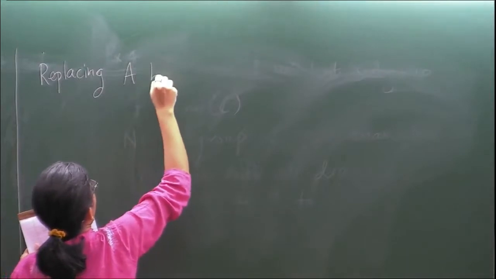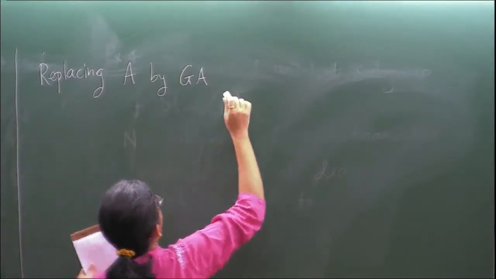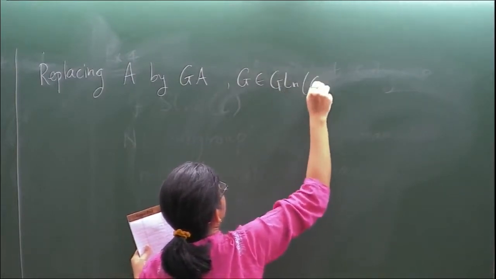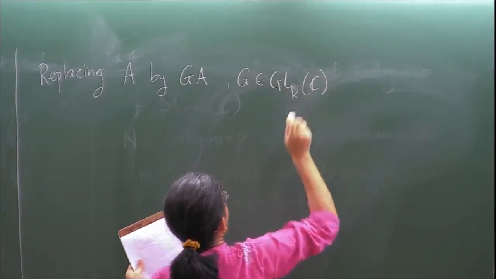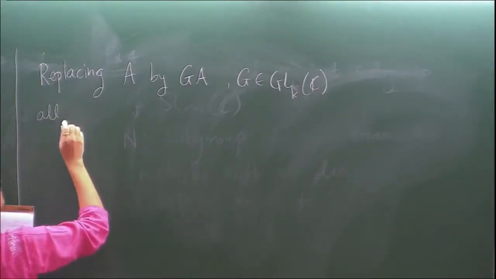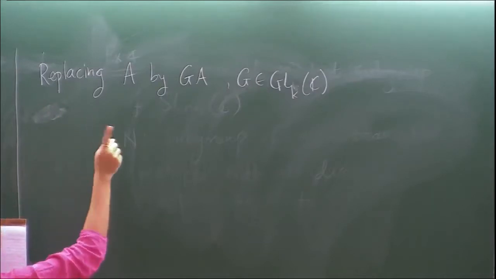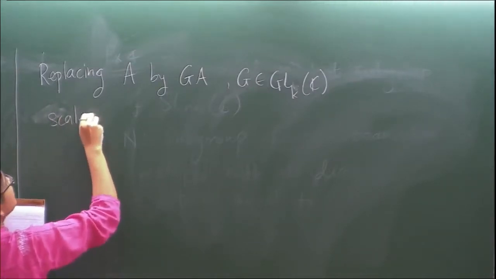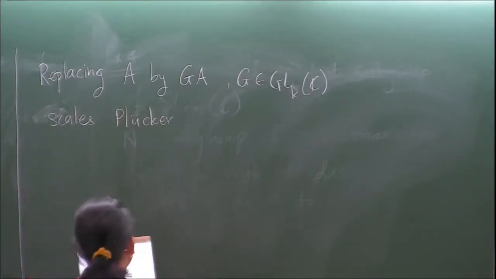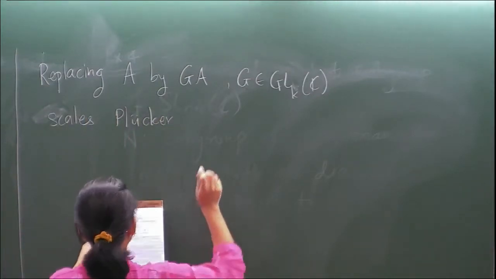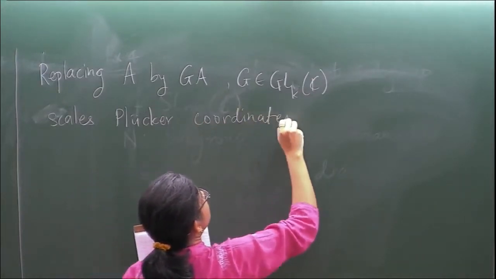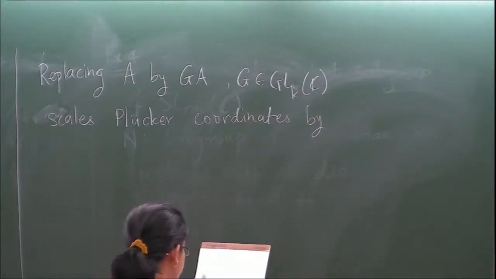Replacing A by GA, where G is some matrix in GL_k(C), scales all Plücker coordinates by the same scalar.